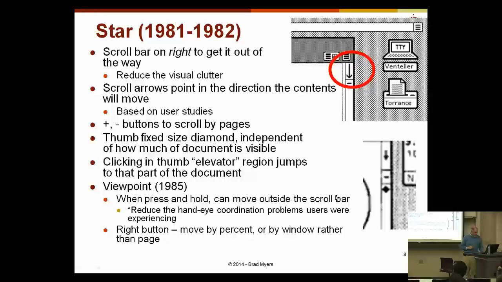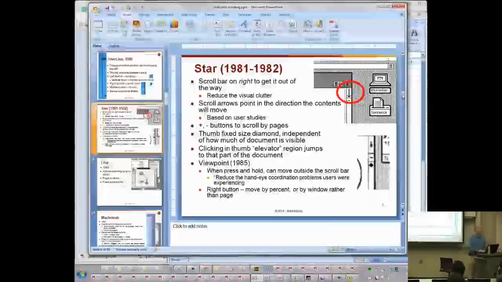One thing they found that they mentioned on the video is that when people would try to do that, it was very difficult to stay inside the scroll bar, because it's a long, skinny region. So they made it so that if you pressed here and moved outside a little bit, it would still keep following your mouse. And if you try that nowadays, that's still what happens.